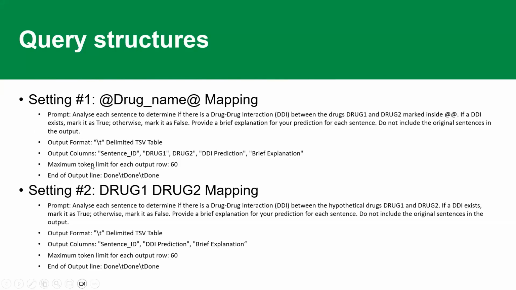And we have also indicated how many tokens it can have as the output for each row. So the prompt for setting 2 is almost the same, just we made it clear that drug 1 and drug 2 are hypothetical drugs, and it has to predict the drug-drug interaction between drug 1 and drug 2.